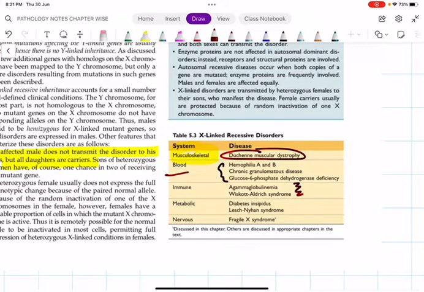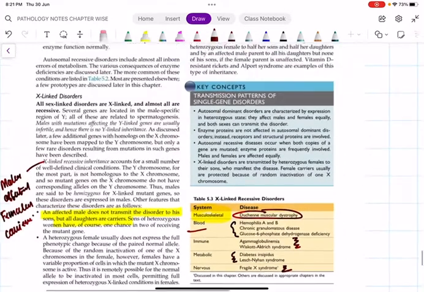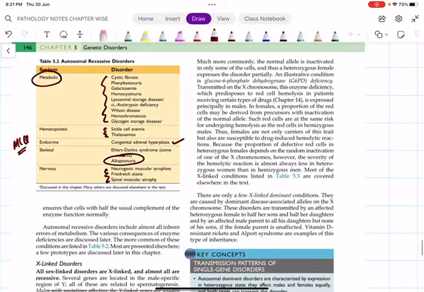Then diabetes insipidus and Lesch-Nyhan syndrome. Nervous system: Fragile X syndrome. Fragile X syndrome is actually a type of trinucleotide repeat mutation, and even that is an X-linked recessive disorder. And remember, G6PD deficiency is a very common condition.